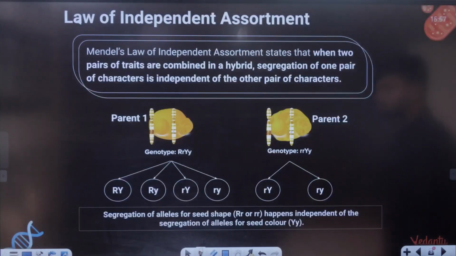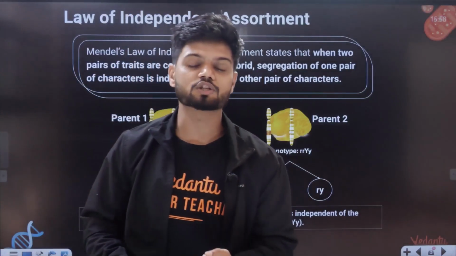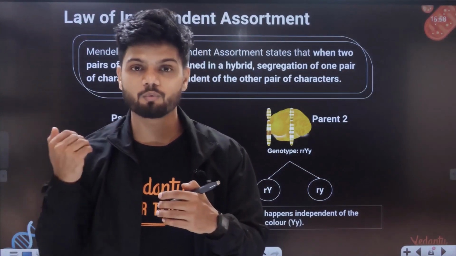Okay. Now students, with the help of your ratio, we get one law I told you. It is called the law of independent assortment. Now what does the law say?